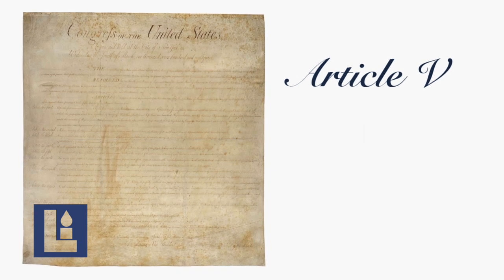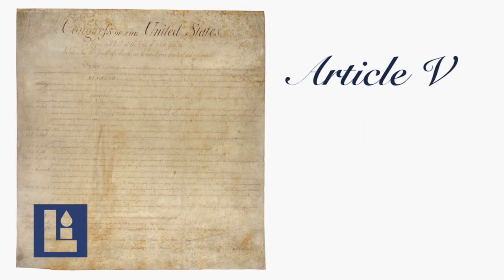The founders knew, though, that they could not anticipate every constitutional issue that might arise, or that from time to time the Constitution might need to be amended. Therefore, they ingeniously created Article 5 of the Constitution, which allowed the Constitution to be amended when necessary. But this is only to be used in a very limited fashion. Otherwise, the Constitution was to serve as a type of rule book in administering government.